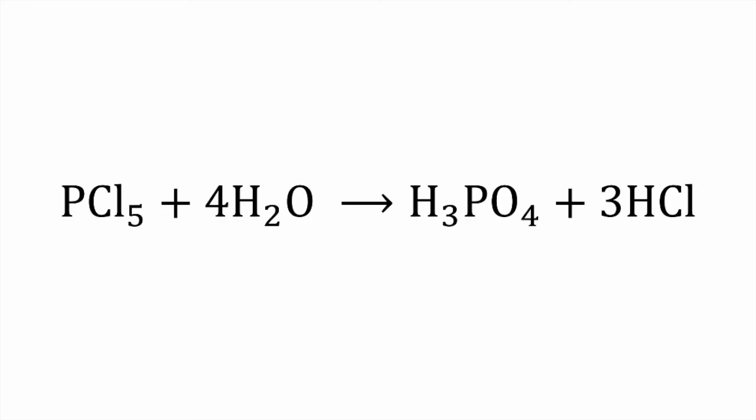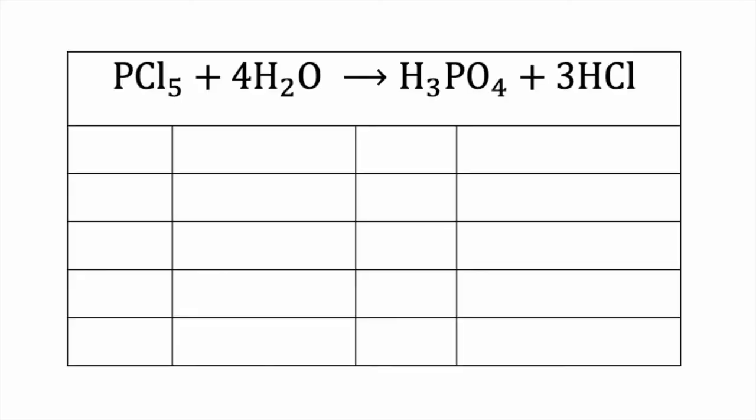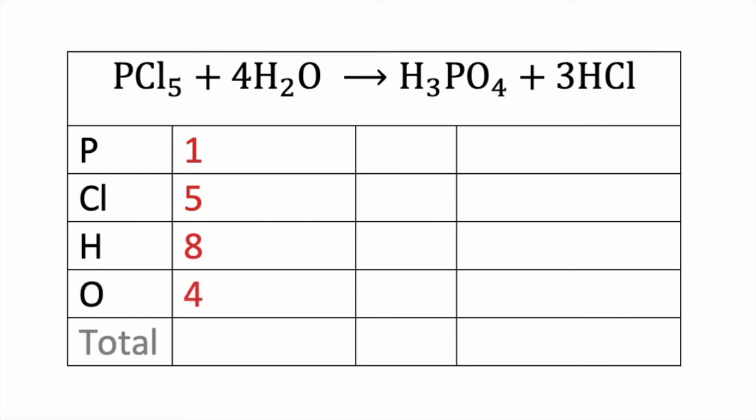In this reaction, we have phosphorus pentachloride reacting with water to form phosphoric acid and hydrochloric acid. Let's take a look at the reactant side. We have 1 phosphorus, 5 chlorine, 8 hydrogens, and 4 oxygens, and that gives us a total of 18 atoms.